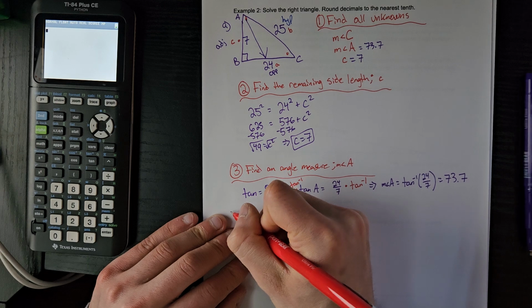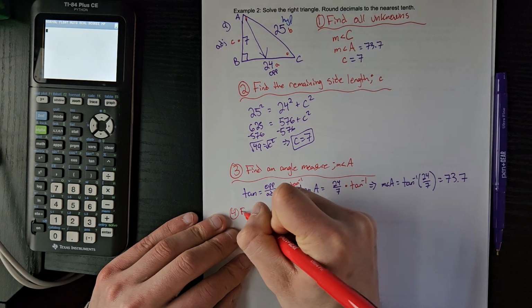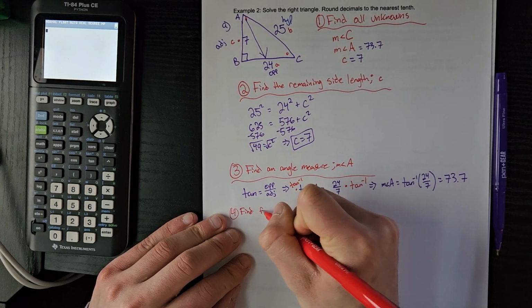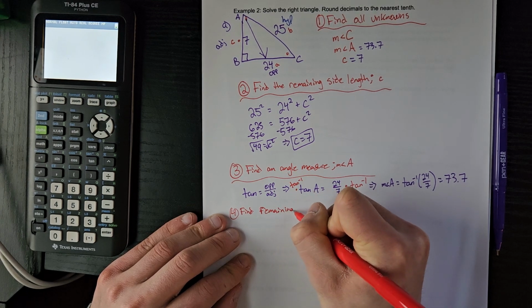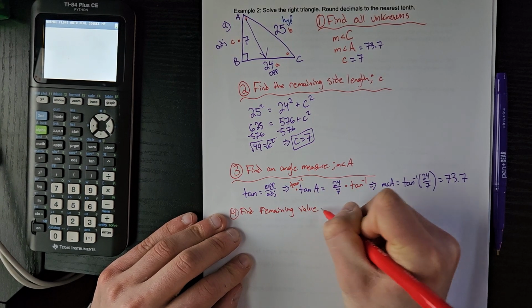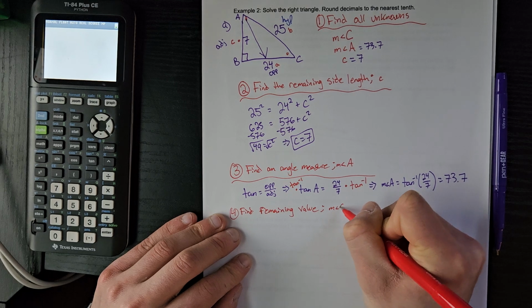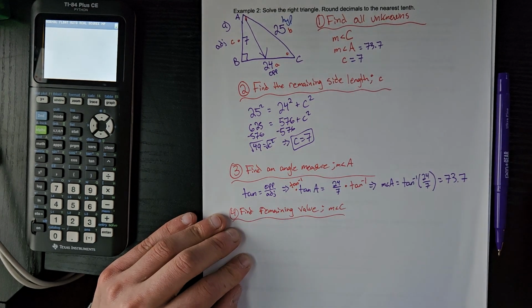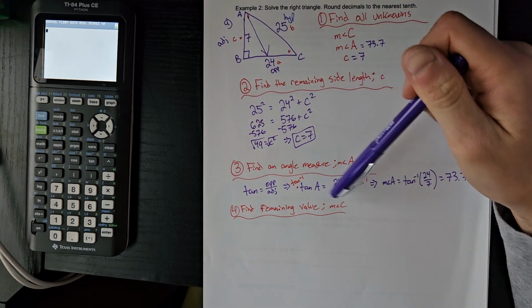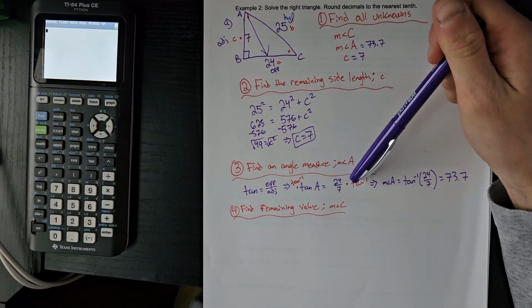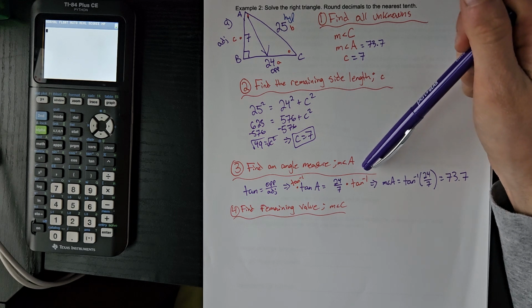And now step 4, find the remaining value. In our case, it is the measurement of angle C. Now, you can do this one of two ways. You can either do a trig function in order to find angle C, and that would be perfectly okay.